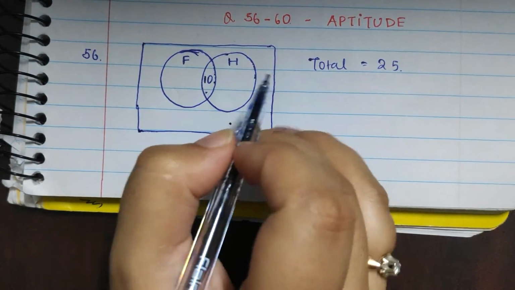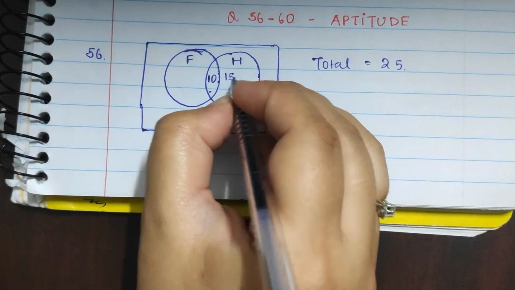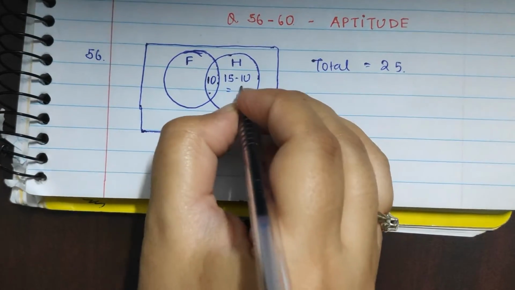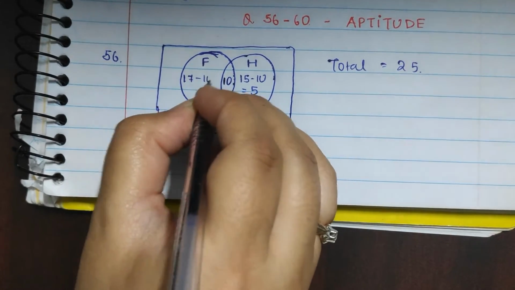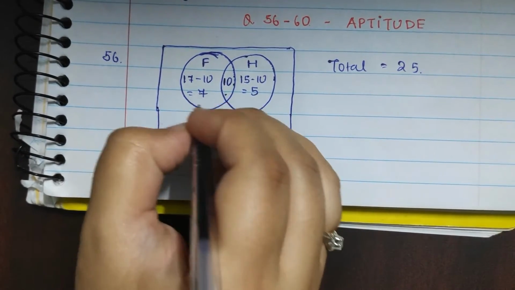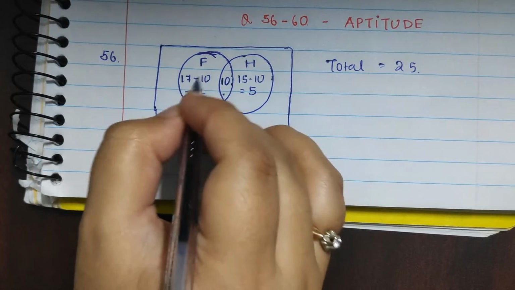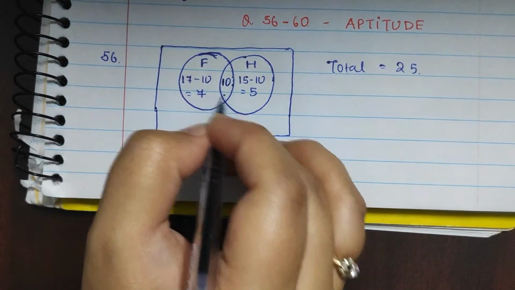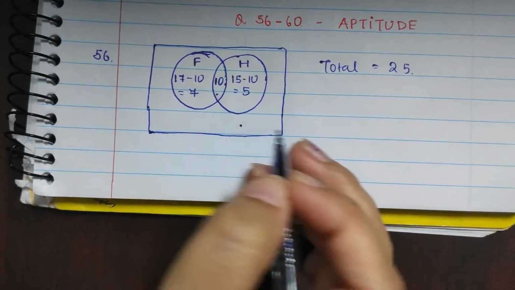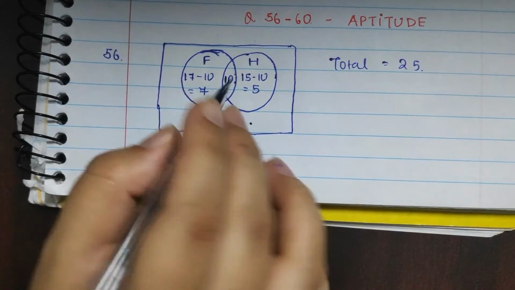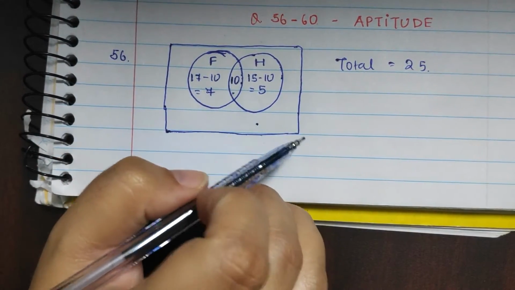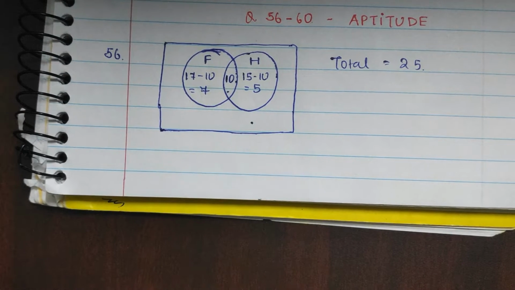So the people who only play hockey will be 15 minus 10, which will be 5. In the same way it will be 17 minus 10, which will be 7. So 7 people only play football, and 17 people in total play football. Basically 17 people play football, out of which 7 play only football, and 10 people play both hockey and football.